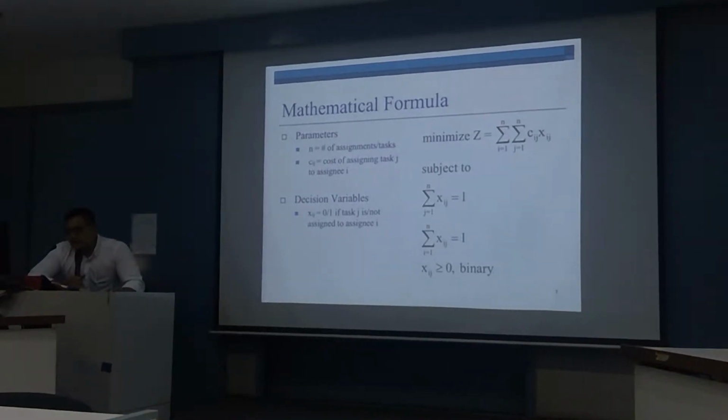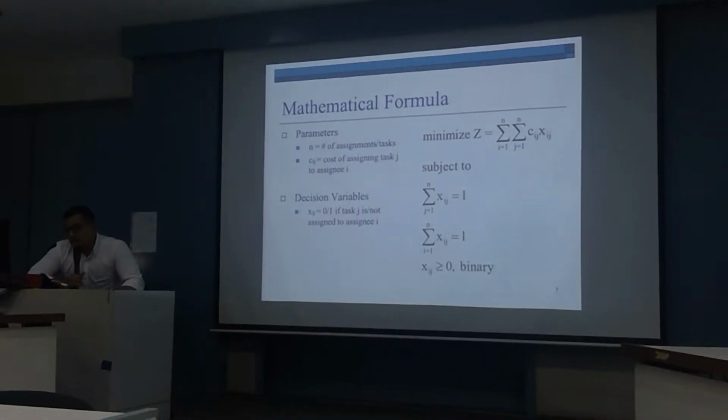So xij means you assign assignee i to do task j. Then cij is going to be the cost associated with assigning i to do task j. Right? So then the objective function, you need to sum up over all i and all j the multiplication of cost and the decision variable.